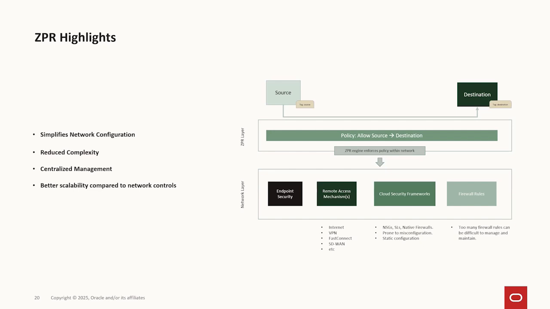You have to create a lot of rules, edit, something changes, go into multiple places and edit. That gives a lot of operational overhead. And Zipper simplifies all of that. You have a single place where you see all the policies, and it simplifies your networking.